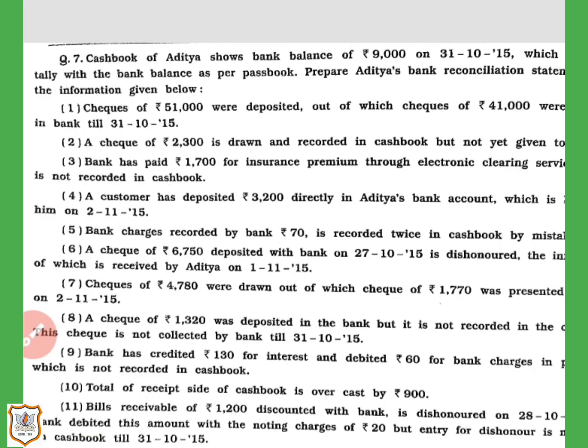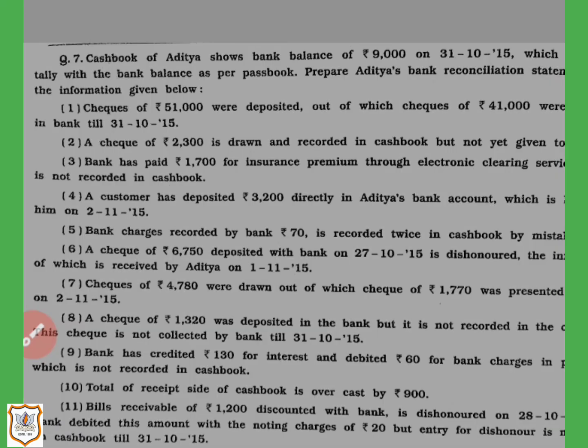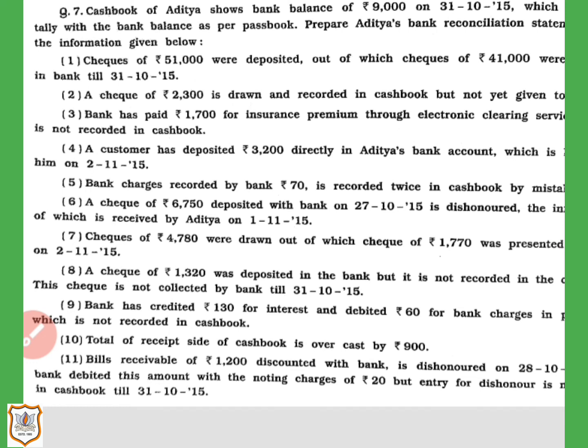Now let us move to the next transaction, number 10. Here it is, total of receipt side of cash book is overcast by rupees 900. Overcast means showing more balance than the actual one, and here it is given that the total of the receipt side of cash book is overcast by rupees 900.